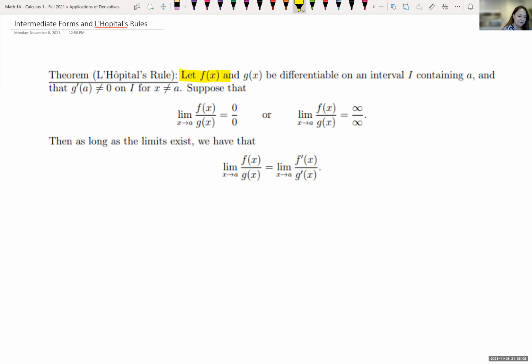He says, let f of x and g of x be differentiable on an interval I containing a, and that the derivative of g, so g prime of x, doesn't equal 0 on I for x not equal to a. Suppose that we look at our limit as x approaches a, and we get f of x divided by g of x, and we got that indeterminate form of 0 over 0, or infinity over infinity.